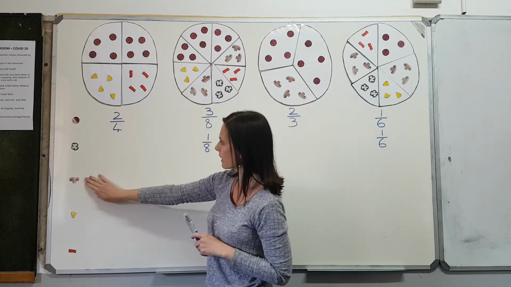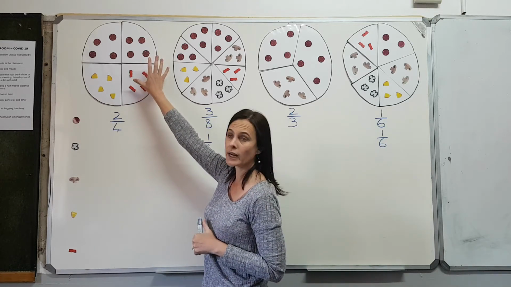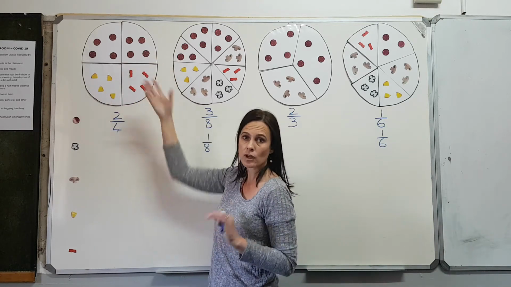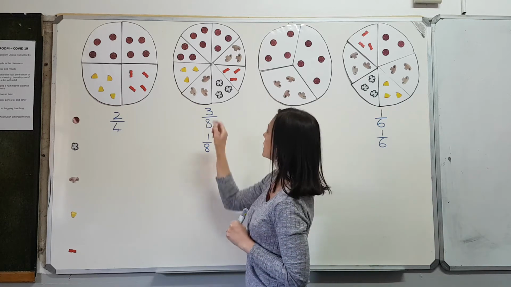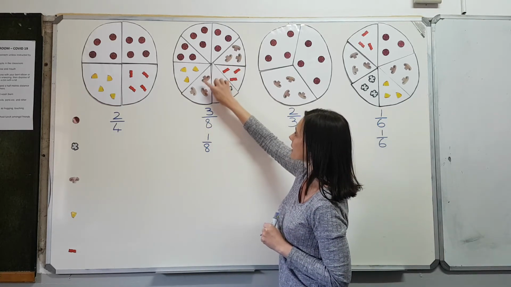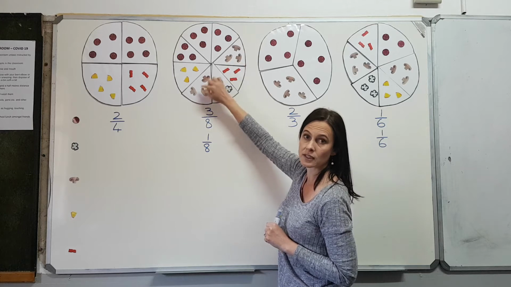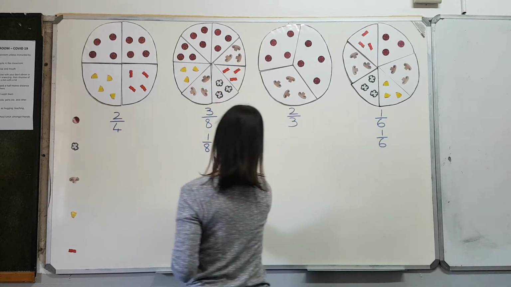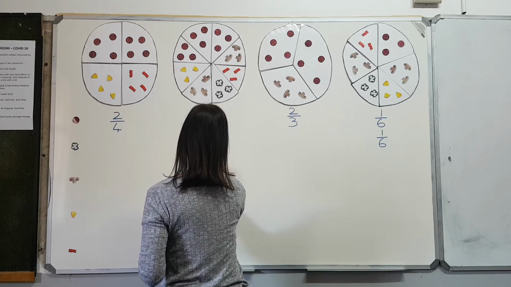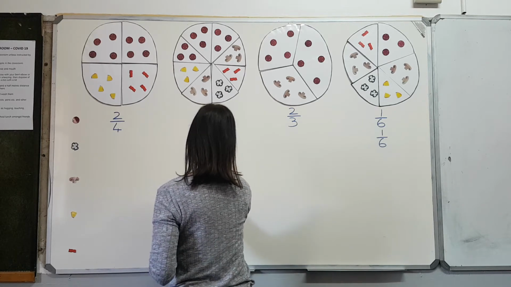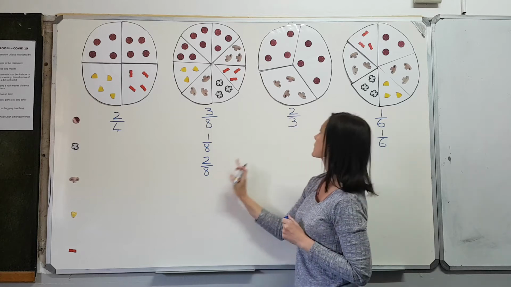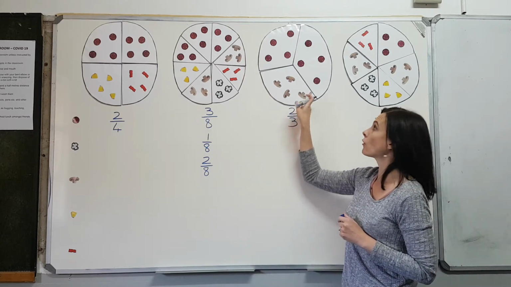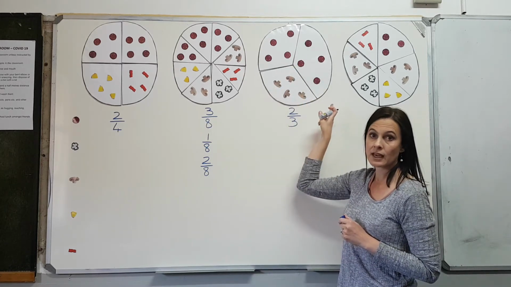Now we're going to look at mushrooms. Pizza number 1, I can't see any mushrooms, so I'm not going to write a fraction. Pizza number 2, I can count 2 slices. 2 of the 8 slices with mushrooms. This one, I can see 1 of the 3 slices has mushrooms.